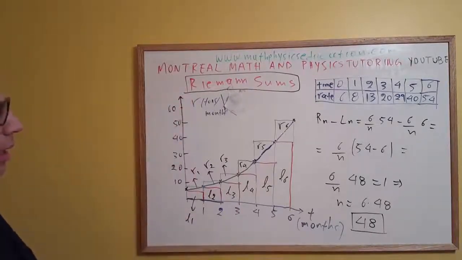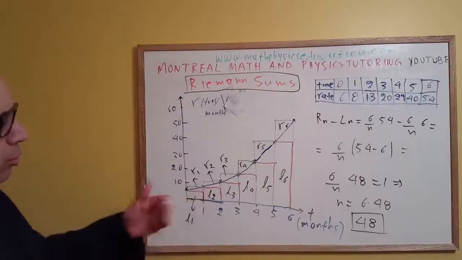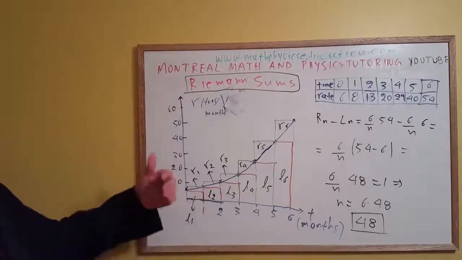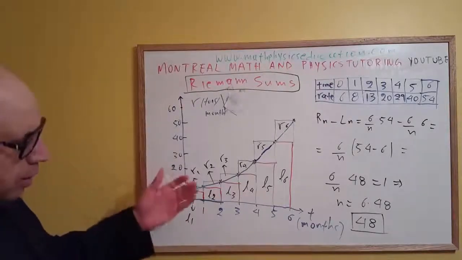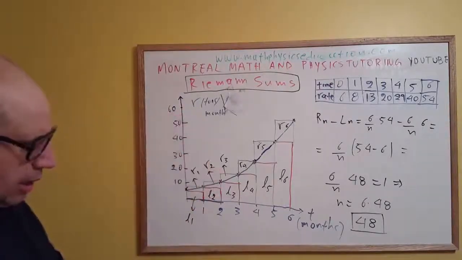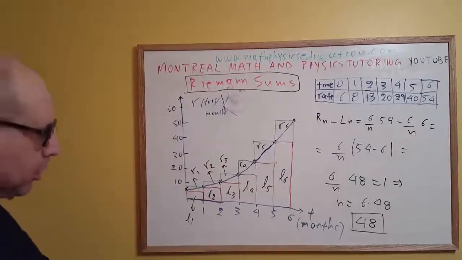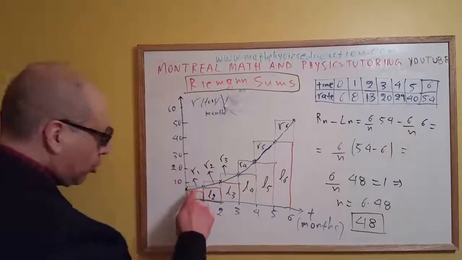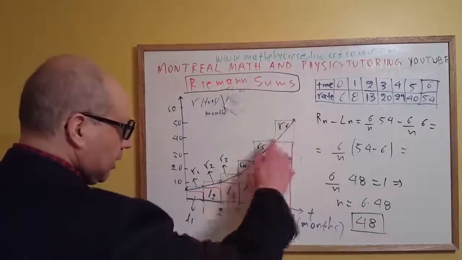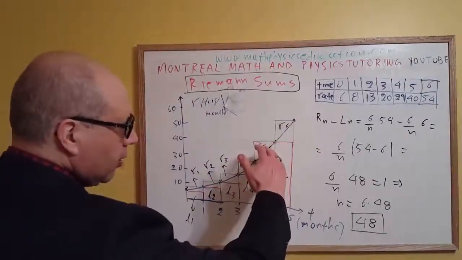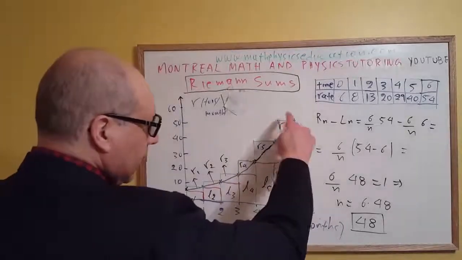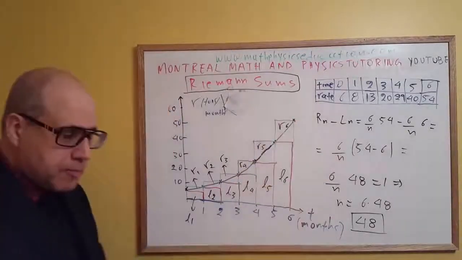If someone wants to find an underestimate and overestimate, you have to go with left endpoints and right endpoints. Because this graph here is increasing, the overestimate will be taken by the right endpoints.